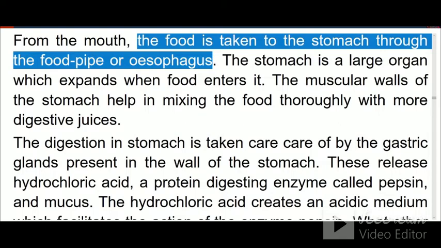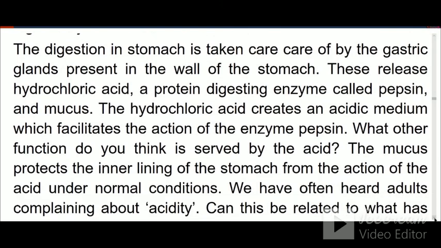These release hydrochloric acid. Now, hydrochloric acid is added in the stomach for two reasons. The first thing, for protein digestion, pepsin is needed. This pepsin becomes active only in the acidic medium of the stomach.